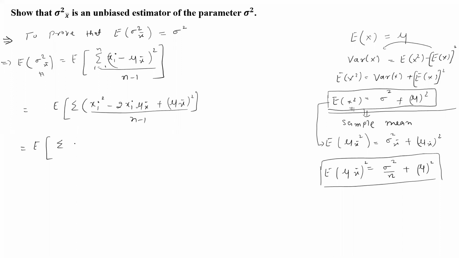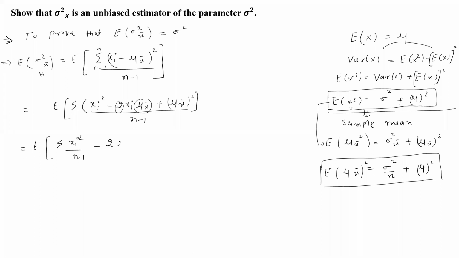This will be summation of xi square divided by n minus 1 minus, now you can see that 2 and mean x bar is a constant term. Mean is constant, 2 is constant. So when you take summation, these two can come outside.